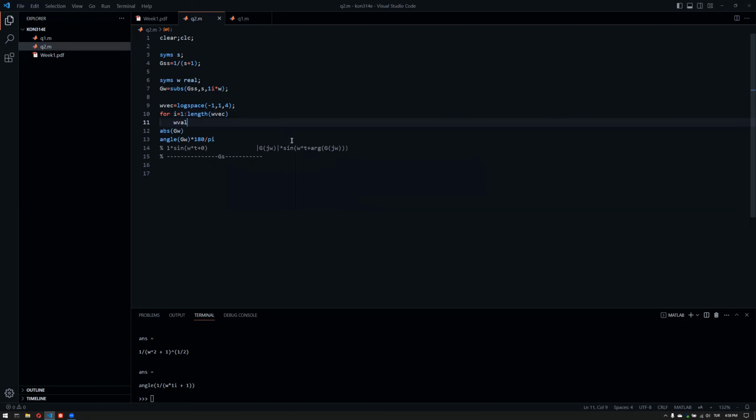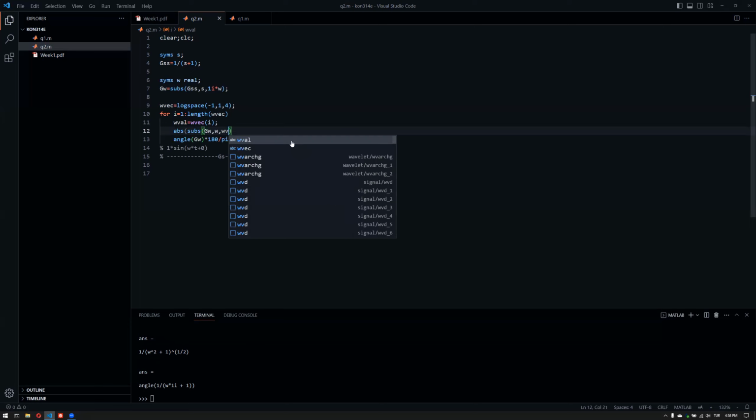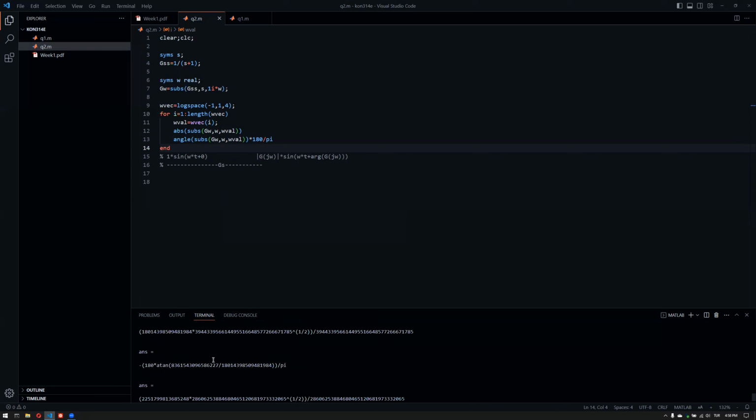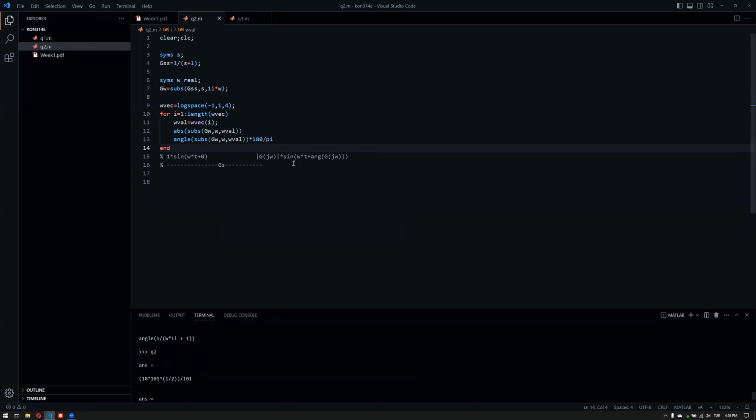Omega val is going to be omega vec I. Now we need to substitute omega val instead of omega in G. And there we go. Now we can see these are symbolic expressions because we didn't convert them into double. Maybe we can get rid of that problem.